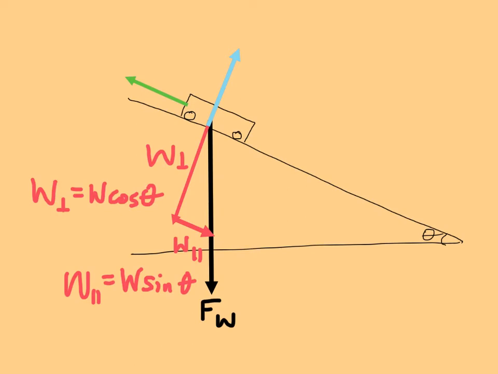There is friction, so you will have a measurement for that. And then, of course, always there is the normal force of the ramp pushing back up on the cart. And that will be included in the sum of your perpendicular forces.